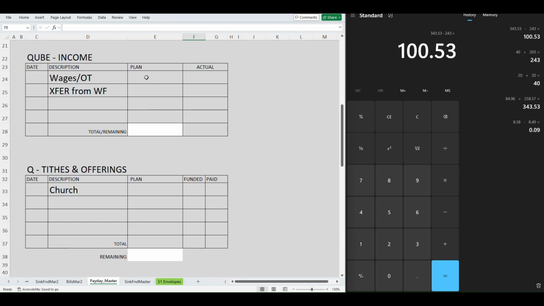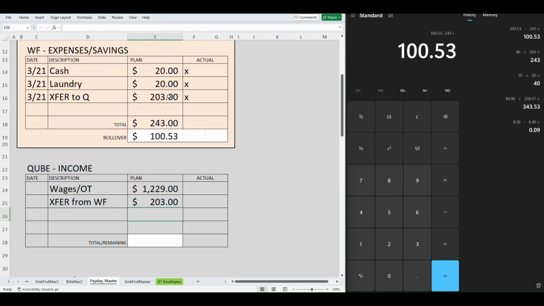Now moving down to the cubes, which is my digital envelope system, I put in the rest of the wages and overtime from my paycheck, and then the transferring from the brick and mortar bank, that was that $203. So we've got $1,229 plus the 203, and I'll use the calculator to come up with what my total income is that lives over in the cubes in the digital envelopes.